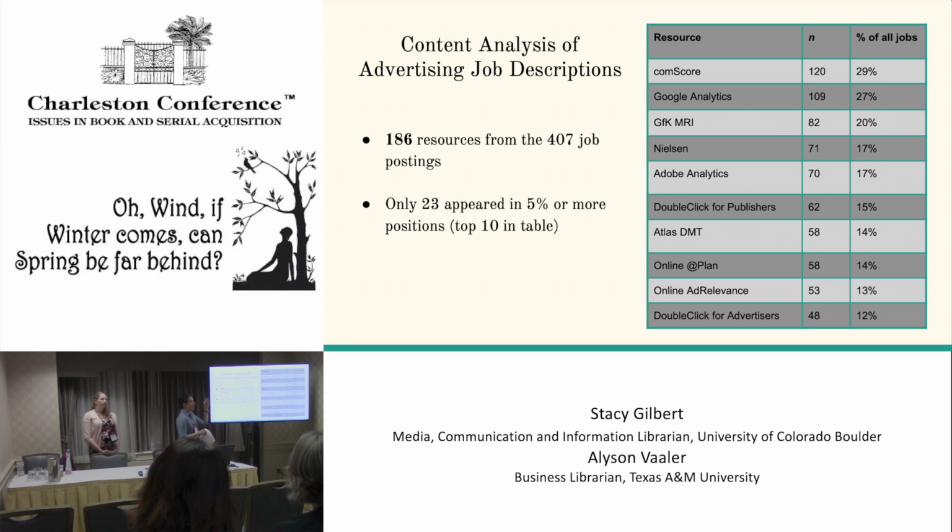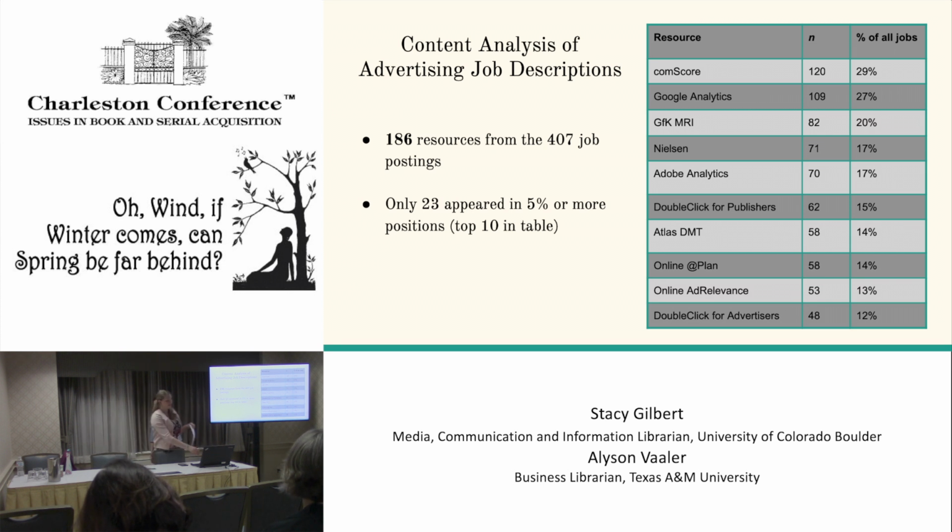ComScore is an example of a company, but ComScore's most popular product is called Media Metrics, which has website analytics and audience use of websites. So other positions would also just mention Media Metrics. We had to say unspecified ComScore products and unspecified Nielsen products. But later on in the resource list, there are really specific products within there.